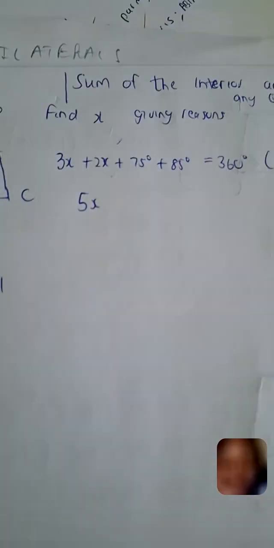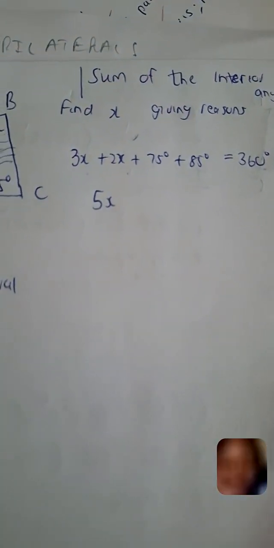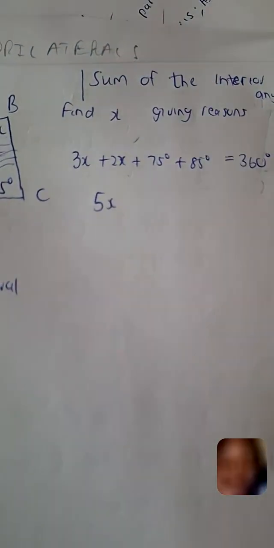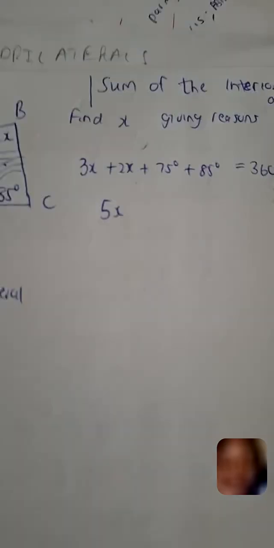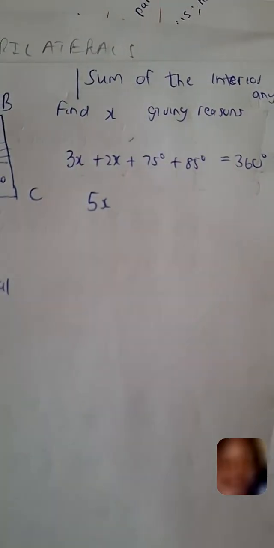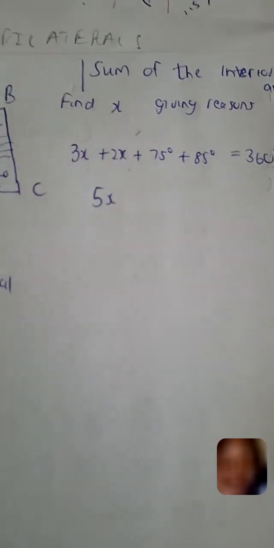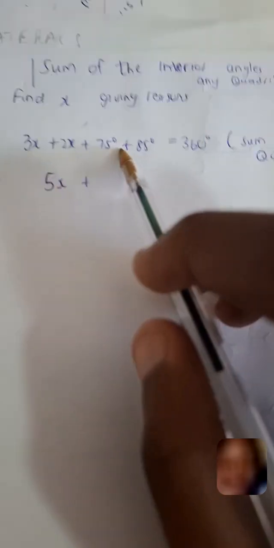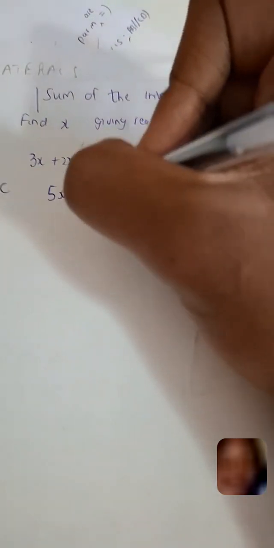It's like saying 3 oranges plus 2 oranges gives us 5 oranges. So x is an unknown variable, denoting something we do not know. Plus 75 plus 85 is 160.